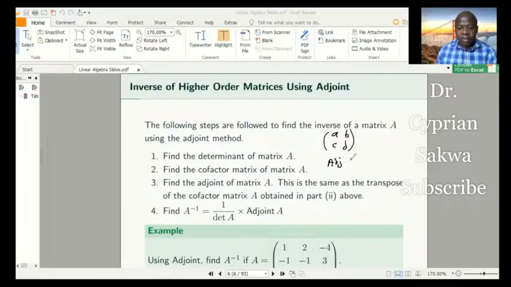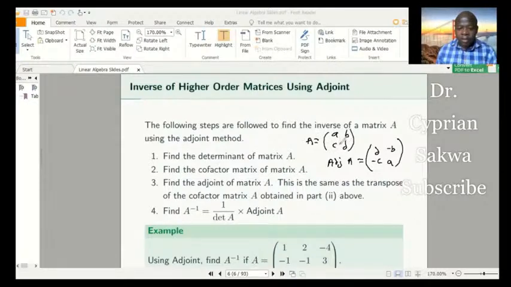The adjoint of this matrix A is the matrix that you get when you interchange this D and A, and then change the signs. If the sign is positive, then it must be negative this time, and this is also positive, so we have negative. So you just change the sign. If the sign was positive, it becomes negative, and if it was negative, it becomes positive. This is the adjoint of this matrix. For a 2 by 2 matrix, that's what we do.